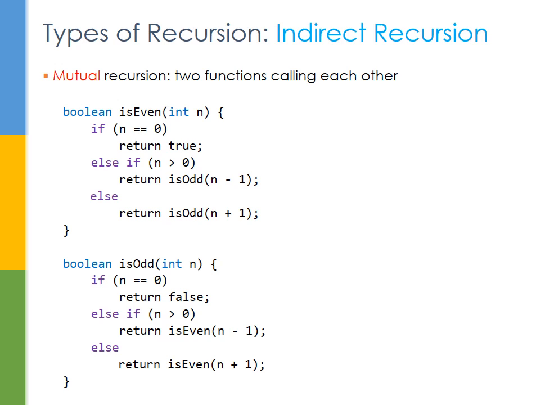Now, a special example of indirect recursion is known as mutual recursion. And with mutual recursion, we have a situation where two functions call one another. So let's illustrate this in terms of a simple example, which we have over here. We have two functions. Firstly, is even at the top, and then secondly, is odd at the bottom.